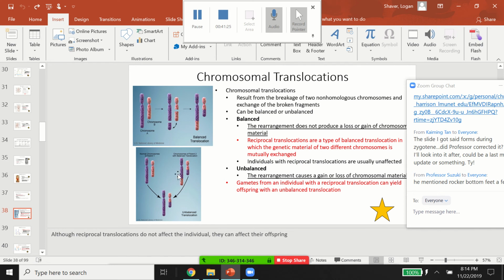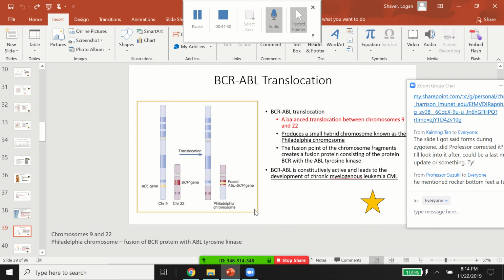And since you can only have that pair together, you lose that material. So you no longer have that bottom part of that pink part. Therefore you're losing material, and therefore it's unbalanced. So definitely not a good thing for sure. Translocations in general are not good, but that would definitely be bad, if you're losing material.